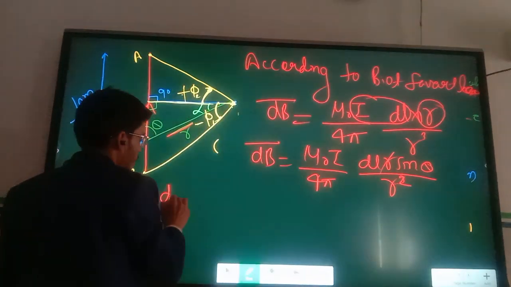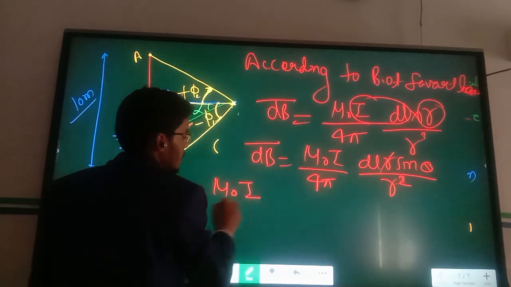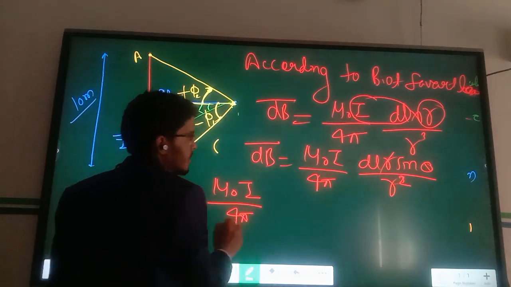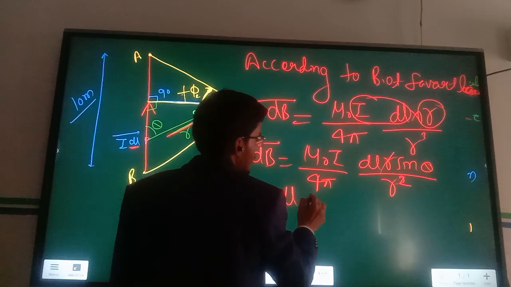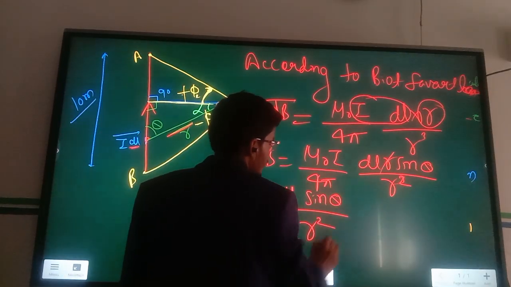Now dB equals mu naught I upon 4 pi, dl sin theta upon r square.